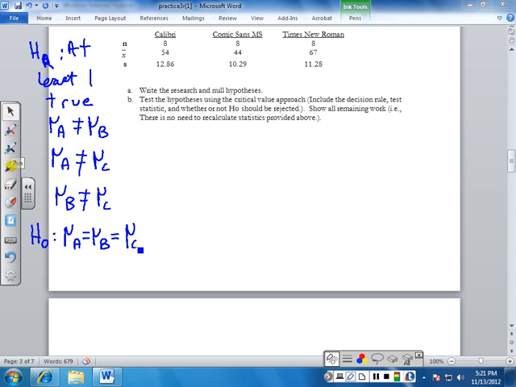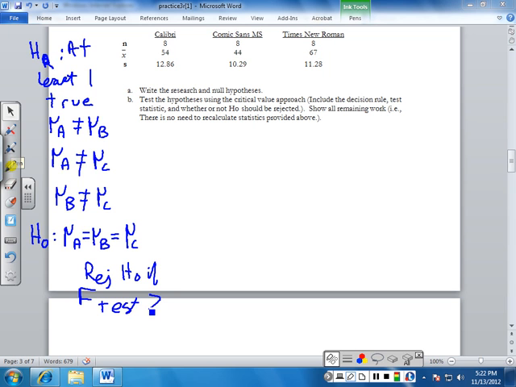Then to test the hypothesis, we're going to reject H0 if F test is greater than some value.